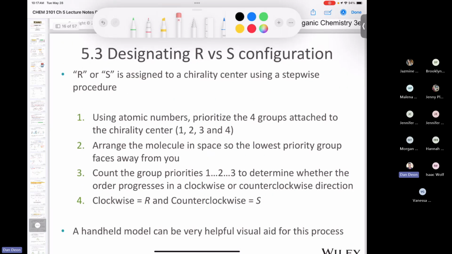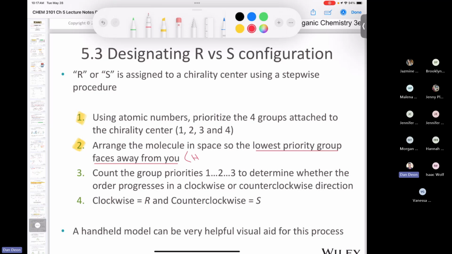So here are the rules, okay? Number 1, you use atomic numbers prioritizing the 4 groups, 1, 2, 3, 4. It's best to arrange the molecule in such a way that the lowest priority group is facing away from you. So oftentimes, not always, but a lot of times a hydrogen is the lowest priority group.